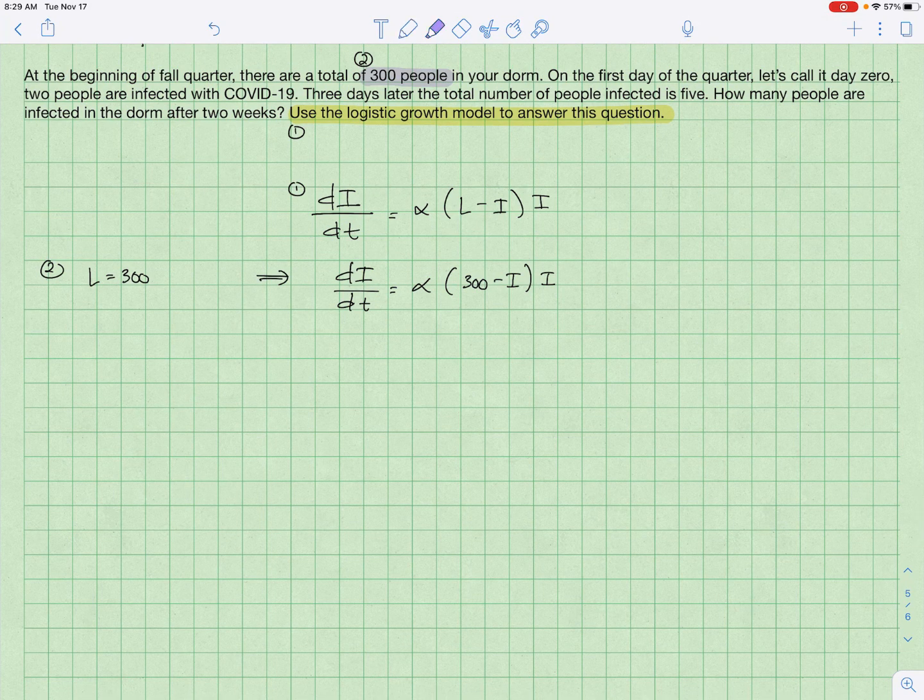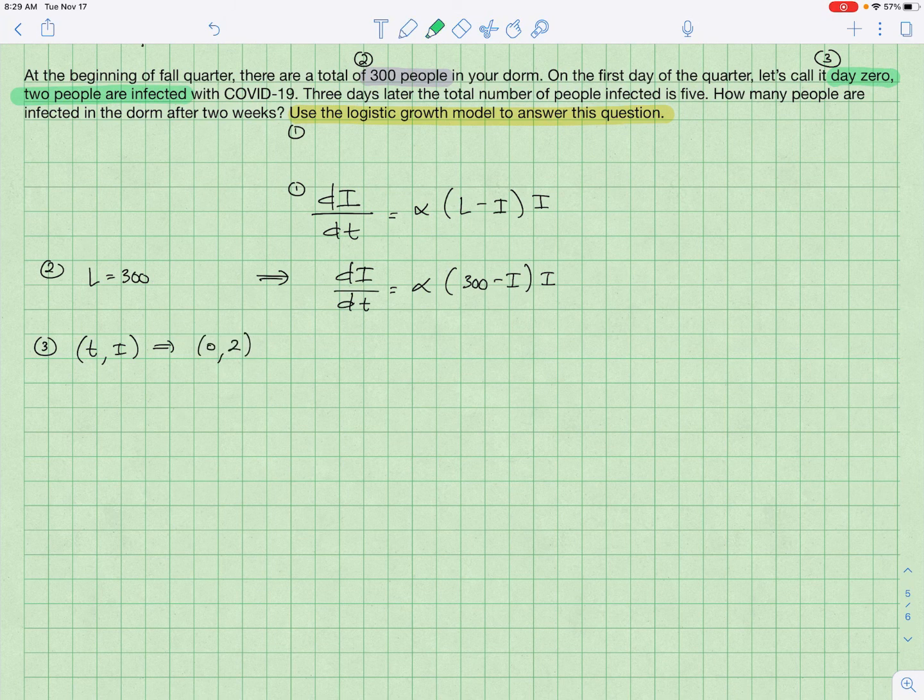The next bit of information that we're given is on the first day of the quarter, day 0. On day 0, 2 people are infected. So let's call that 3. The third bit of information we have here is time versus infection. And at time 0, there's 2 infected.